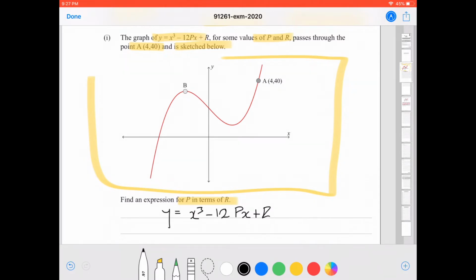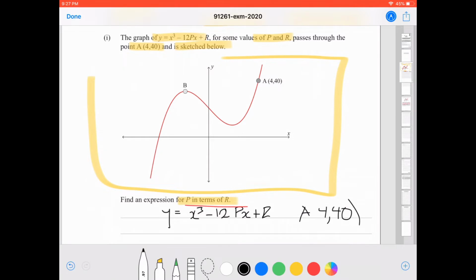And it's asking us to find an expression for p in terms of r. We have p and r. We also have this variable x, but we can eliminate that. And we also have y. But we can eliminate those two variables, x and y, using the point A, which is (4, 40).